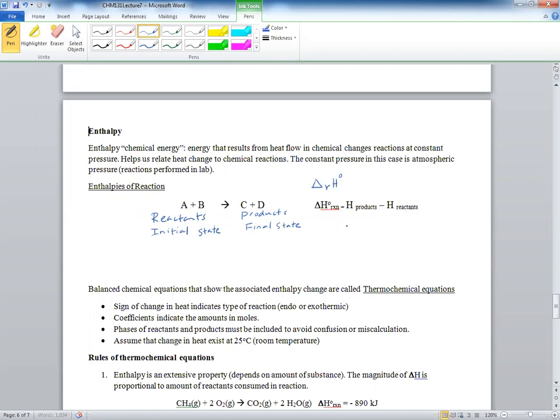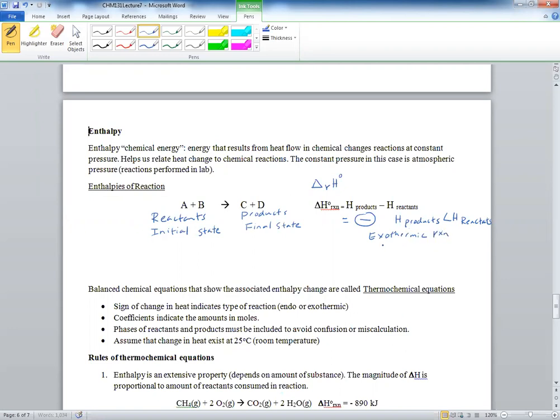Now, some important things to remember is that if we get a negative, this could only mean, if you recall, that the H of the products, or the energy or the heat of the products, is less than the heat of the reactants. Which means this is an exothermic process or reaction.